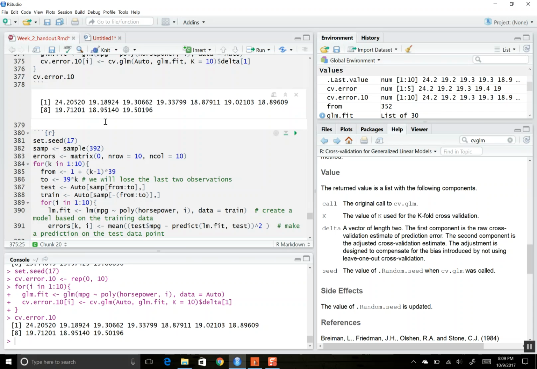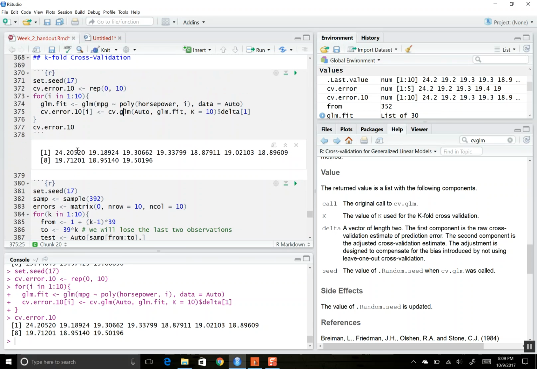Okay, and what we see is that these are the total cross-validation error estimates for the different models that we fit, right? We fit a linear model, a quadratic, cubic, and then order 4, order 5, order 6, so on up to order 10.